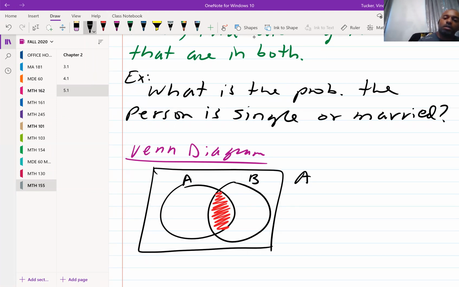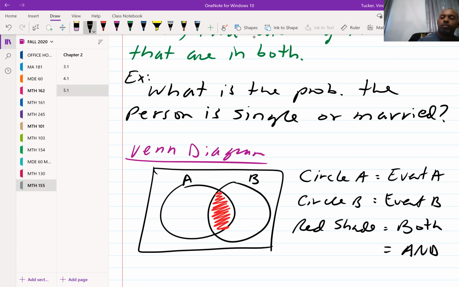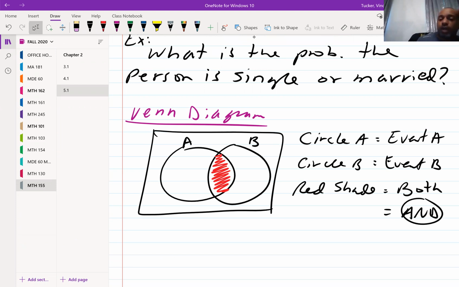Now, let's see. So if I let circle A represent my event A and circle B represent my event B, the red shade would represent both of them.